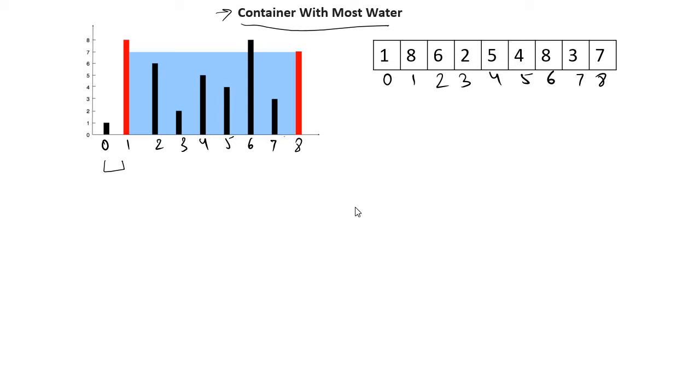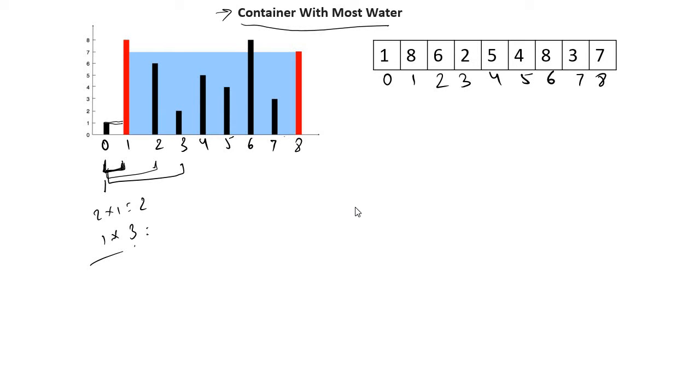Between the first two bars, the gap is 1 and the minimum height is 1, so 1. Between the 0th and the 2nd, the minimum is 1 and the gap is 2, so 2 into 1 equal to 2.